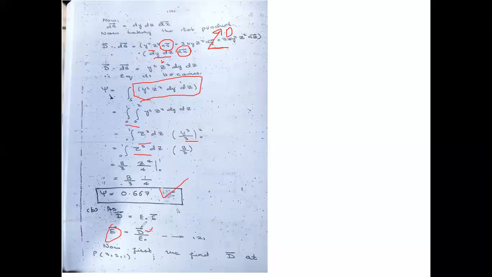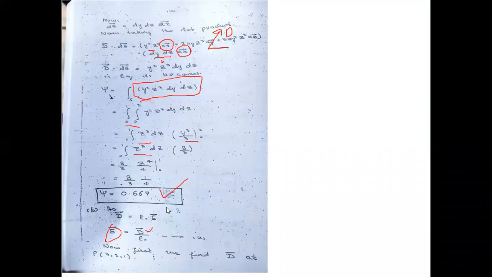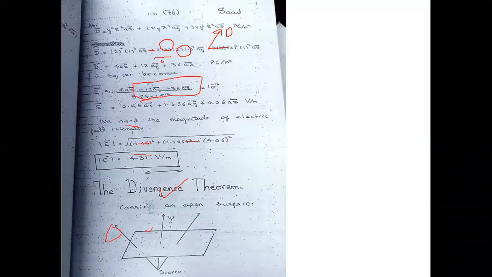Now D is given and we have to find E. Dividing D by epsilon naught, E is equal to this. As we have to find E at (3, 2, 1), replacing x equal to 3, y equal to 2 and z equal to 1, this. After putting these values we will get D equal to this.